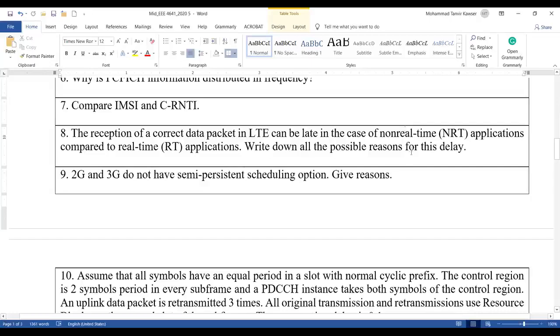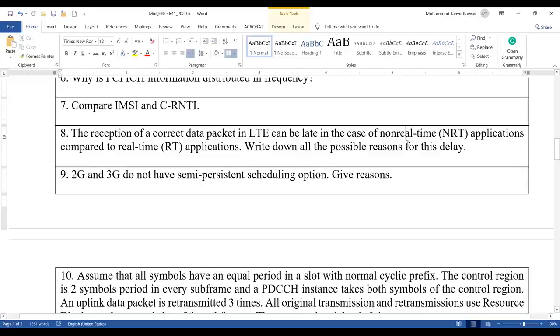If you have 3 retransmissions, then typically you have 8 millisecond delay for each of the retransmissions. So if you use all these 3 retransmissions, there is an additional 24 millisecond delay for the correction of this packet.